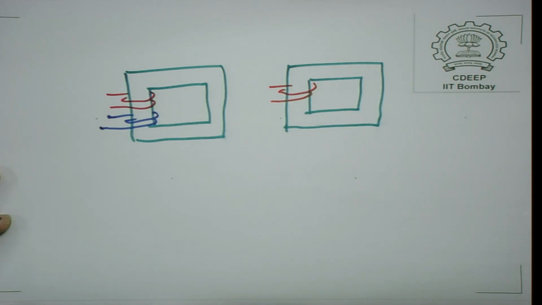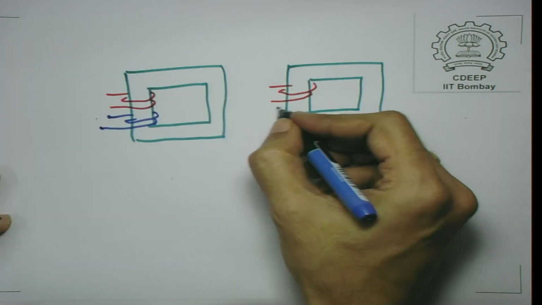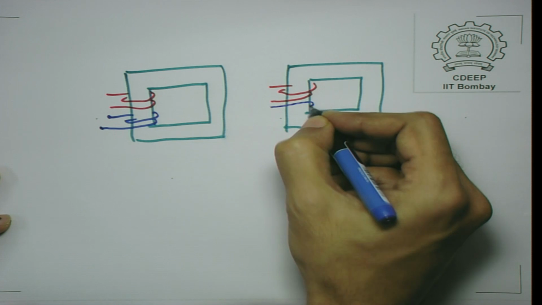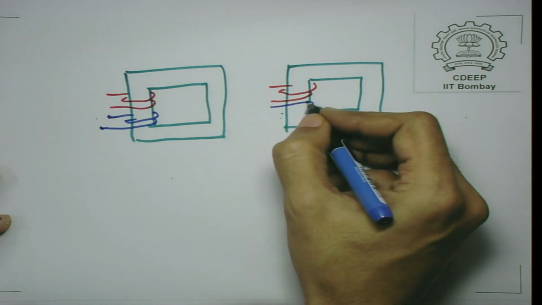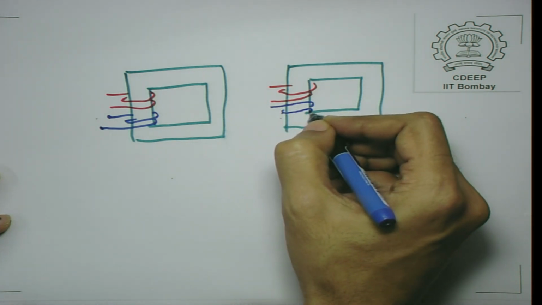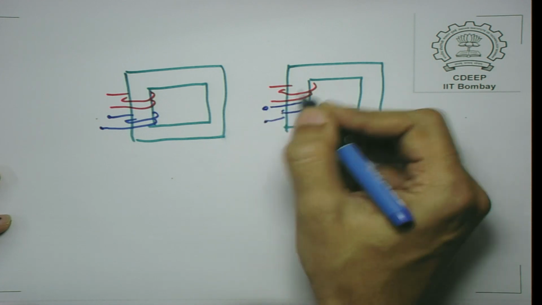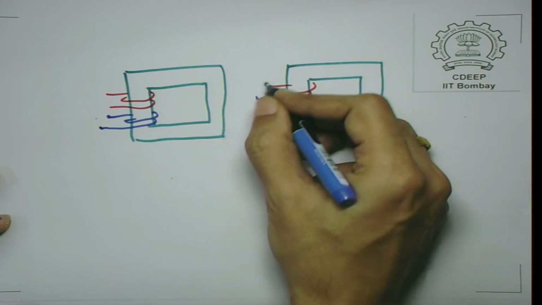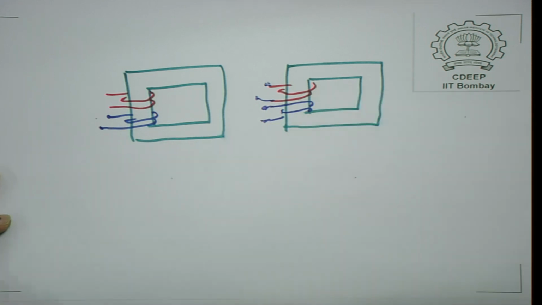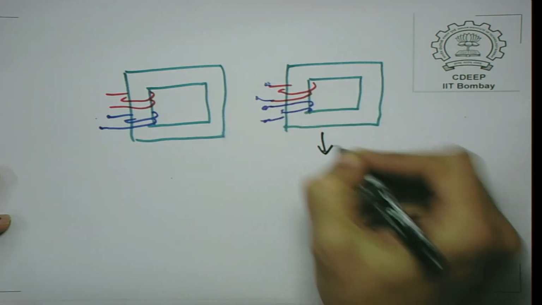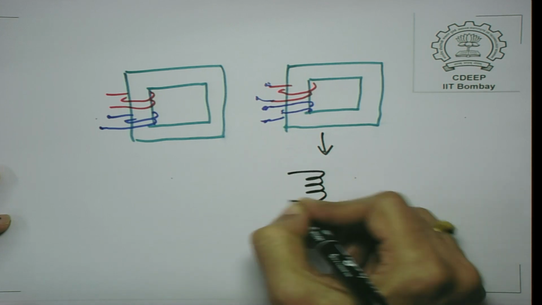This is the first coil, and the second coil is actually wound in the other way. So, this goes outside first, then goes in, then comes out again, and then it comes like this. If you look at this system, it would have to be represented like this.